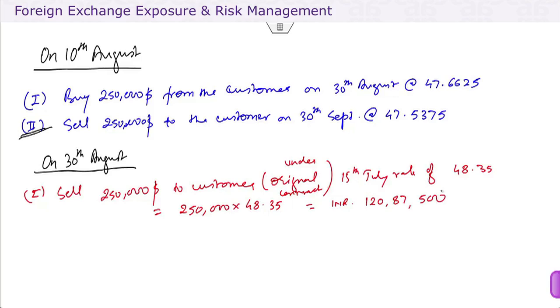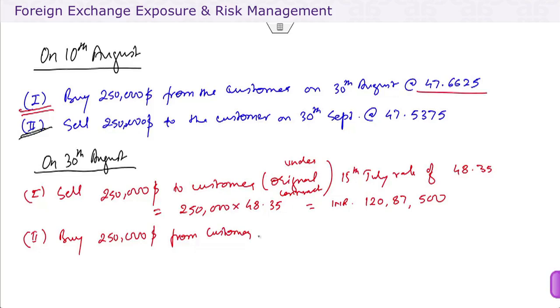And the second transaction that would happen on 30th of August is that the bank would purchase, it would buy $250,000 from the customer. That is the transaction that was done earlier. The transaction would be executed at the given rate, so the rate that is accepted is 47.6625.